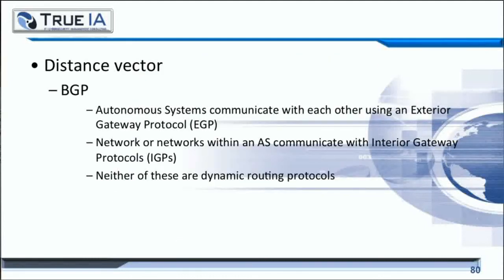So the way BGP works, it uses the autonomous systems to communicate with each other using an exterior gateway protocol, or EGP. The networks within the autonomous systems communicate with an interior gateway protocol, or IGPs. Neither of these are dynamic routing protocols per se.